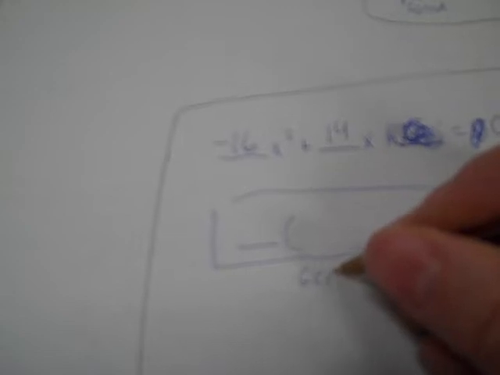There's 2 answers, but this one only has 2 terms. So that would be greatest common factor and difference of perfect squares. GCF. And we're going to see if we have a difference of perfect squares after I get done with my GCF.